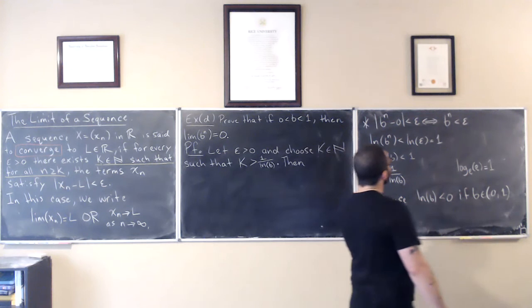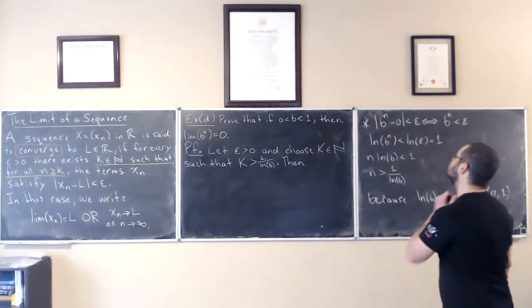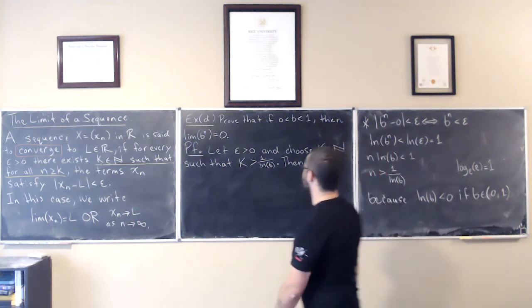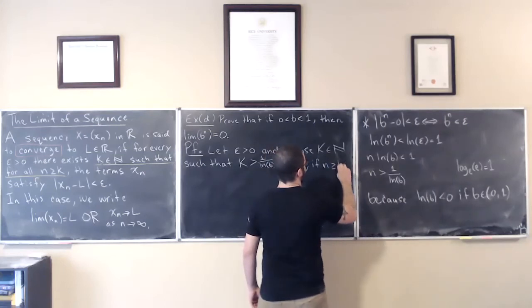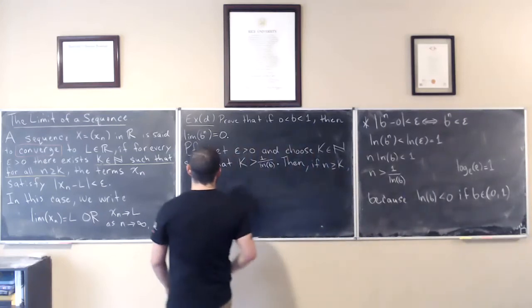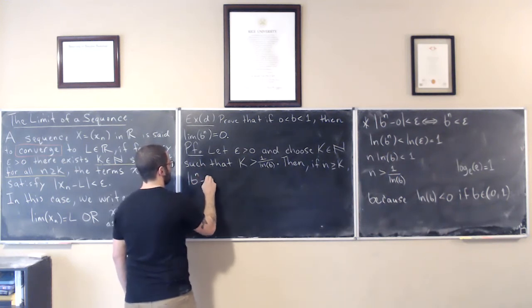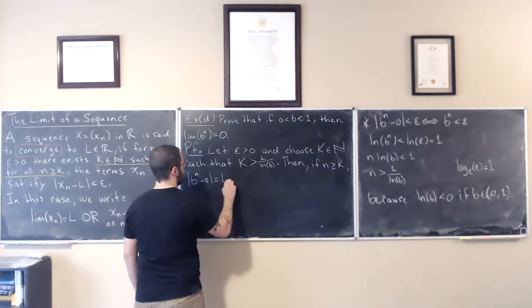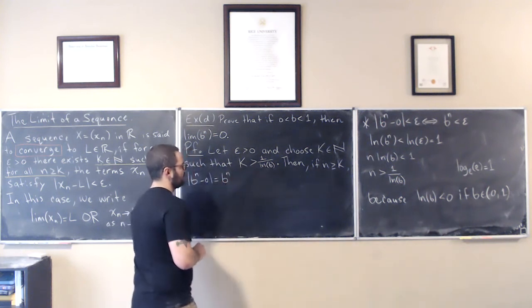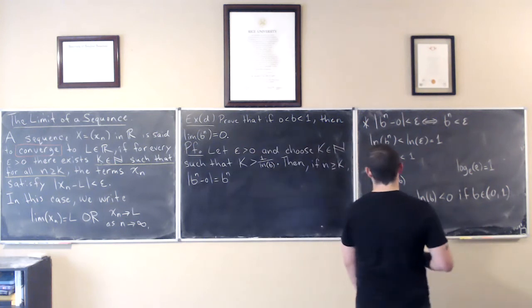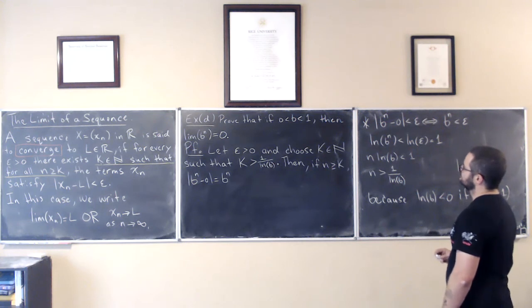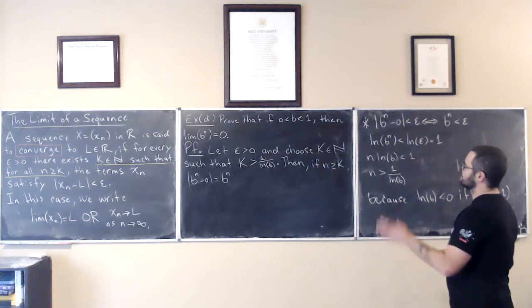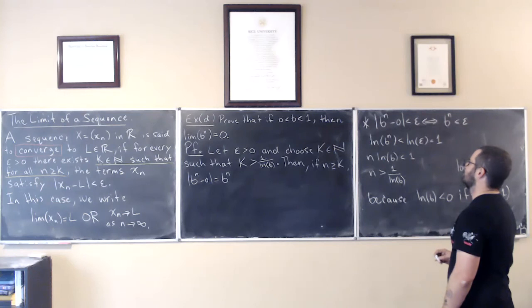Then, I haven't worked this out, but let's see. If n is greater than or equal to k, b to the power n minus 0 is equal to b to the power n. I'm trying to figure out the cleanest way to write it right now.